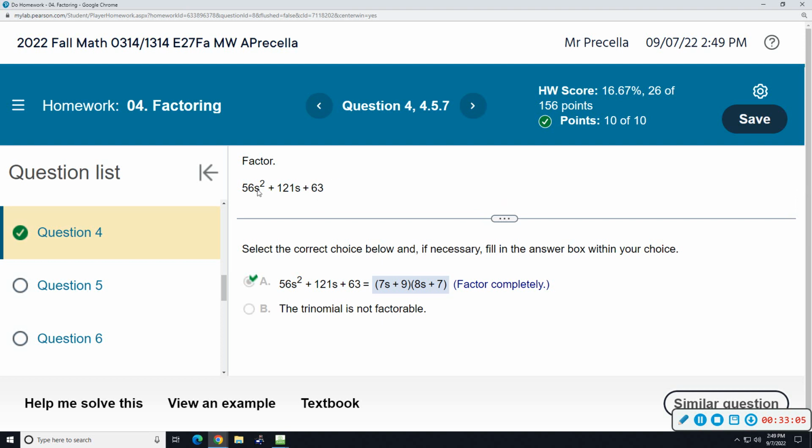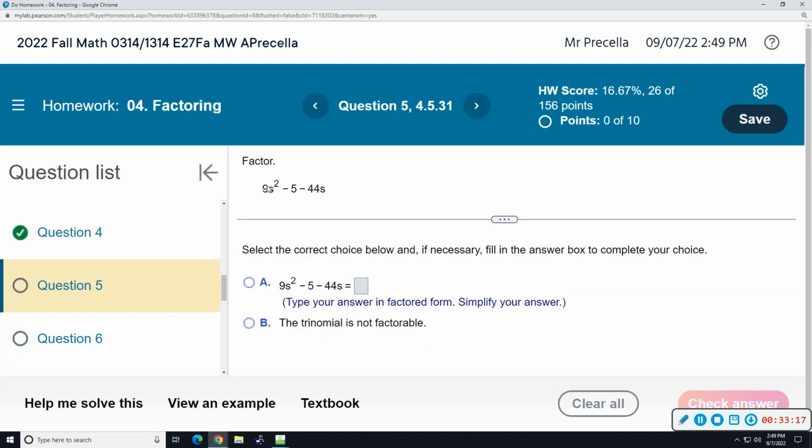It should have a variable squared, variable, no variable. That's the order it should be in order to factor it. On problem 5, is it in the correct order that we need it to be in? No. Okay.